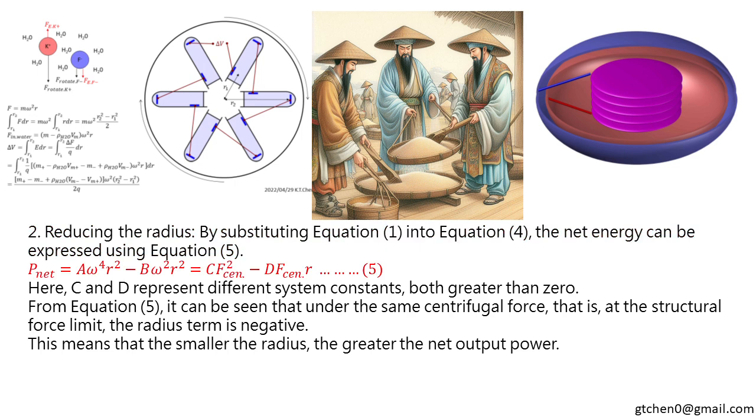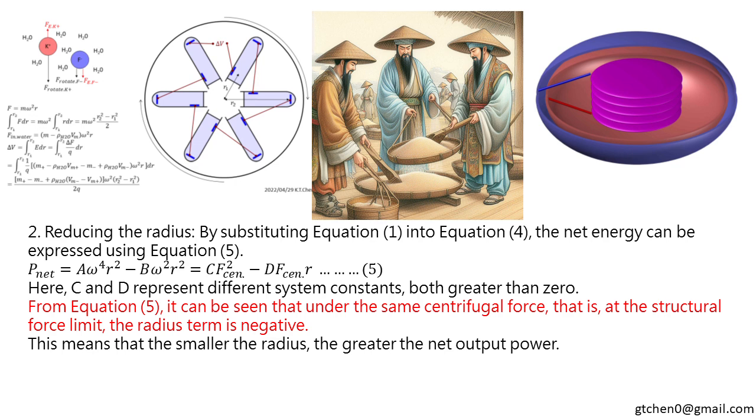P_net equals Aω⁴R² minus Bω²R² equals CF_n² minus DF_nR. Here, C and D represent different system constants, both greater than 0.